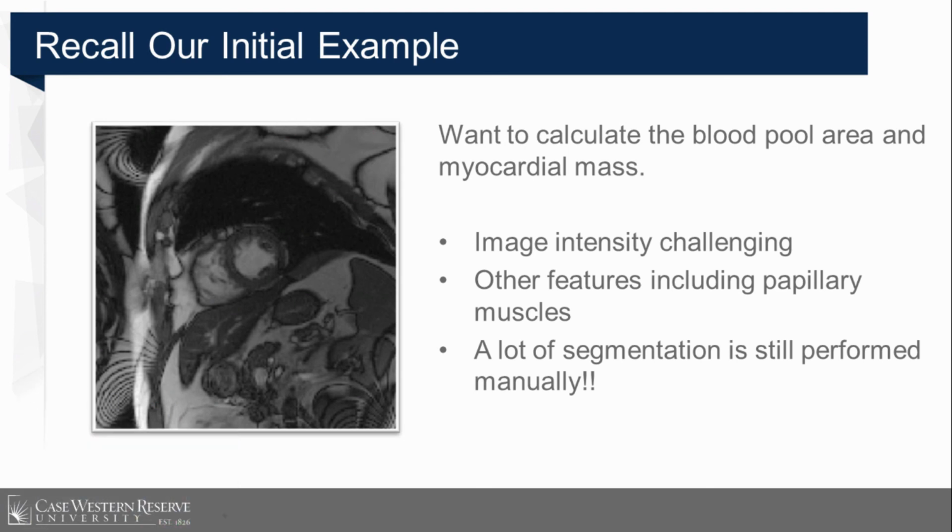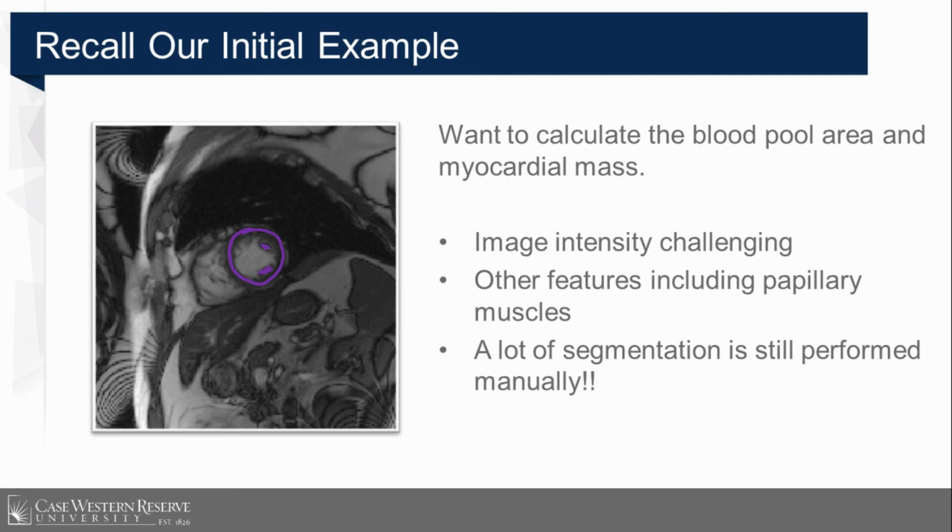Even if we can perform thresholding, we have problems where our myocardium has a similar signal intensity to our papillary muscles. And we may not want to include our papillary muscles either in the blood pool or in the calculation of the myocardial mass. So these other features are going to distract from the actual segmentation that we want to do.